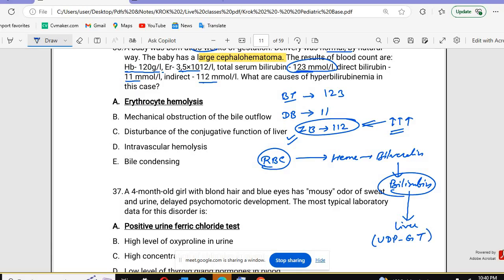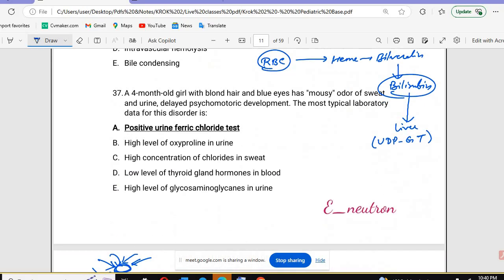In the presence of this enzyme, indirect bilirubin will be converted into direct bilirubin, which is the conjugated bilirubin. This happens in the liver, so these are known as the hepatic conditions.